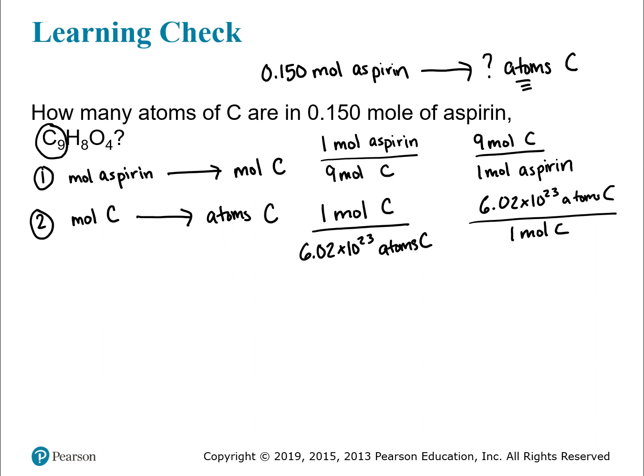Now we can put our equation together and choose which conversion factors will get us from moles of aspirin all the way to atoms of carbon.